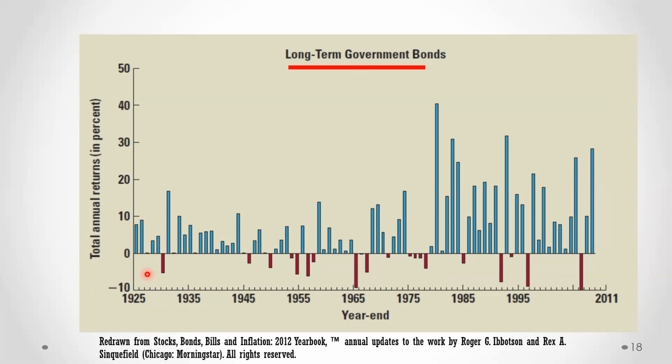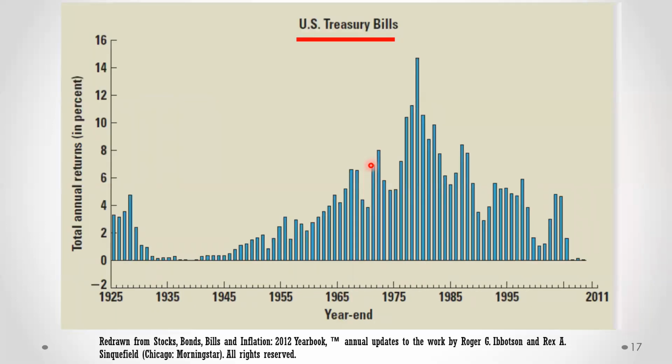Anyway, the main point from this figure is that for long-term bonds, on average, the realized return is higher than the previous one. For short-term Treasury bills, on average, maybe 4% or 3%.